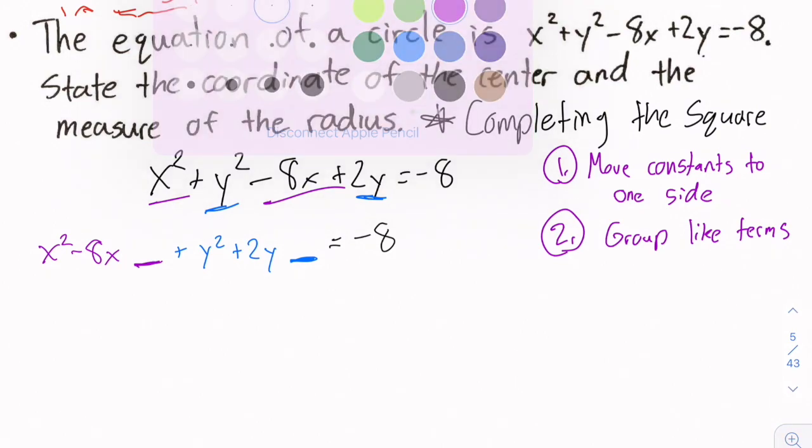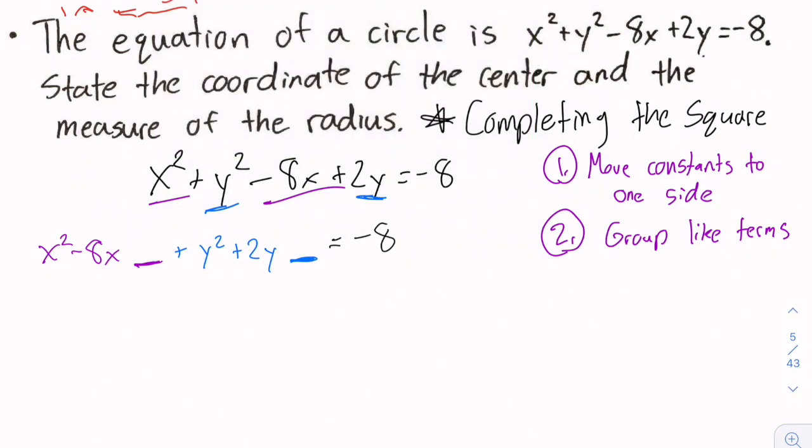The reason for those blanks is because now we're gonna do something called completing the square, which is step 3 here. When I say complete the square, hopefully this formula pops up in your head, which is b over 2 squared. So in this case here, we want to group these.